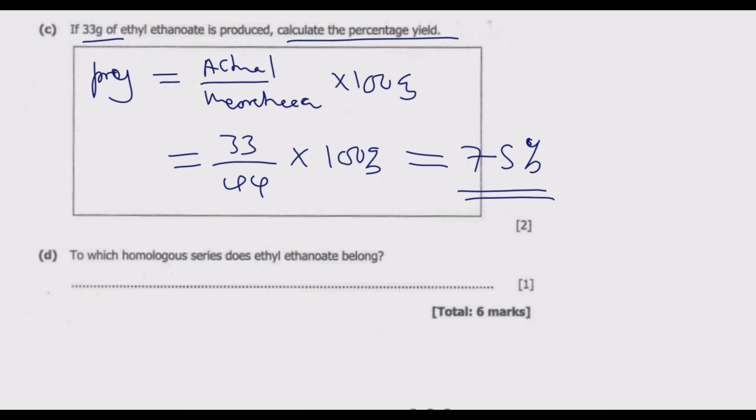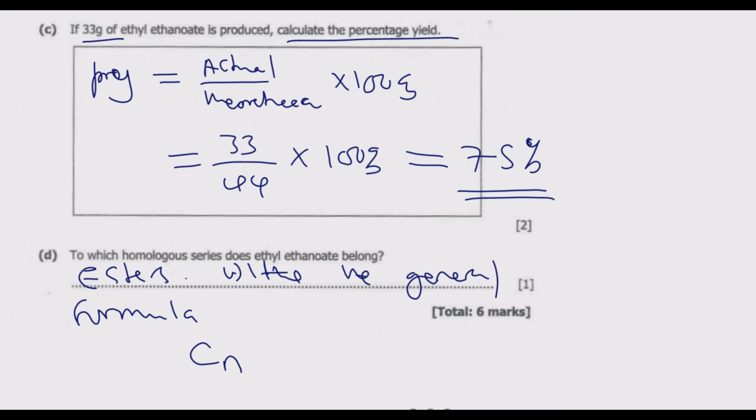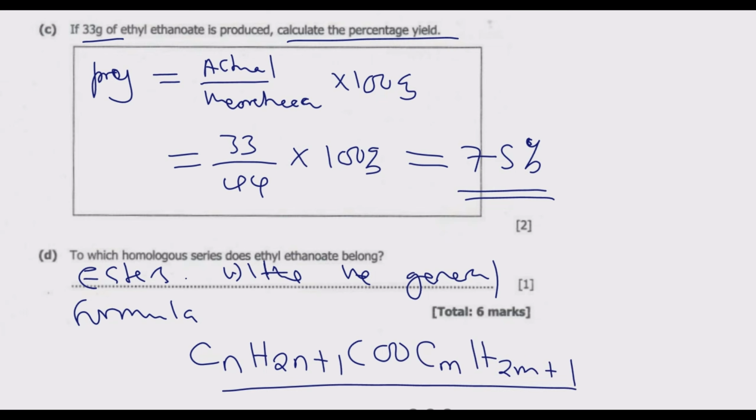We look at D. To which homologous series does ethyl ethanoate belong? So these are esters. The general formula is CnH2n+1, so this is the homologous group.